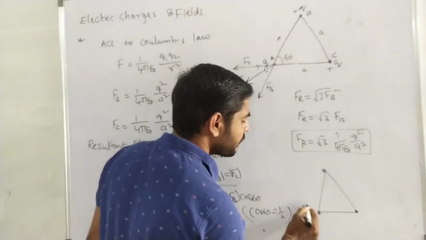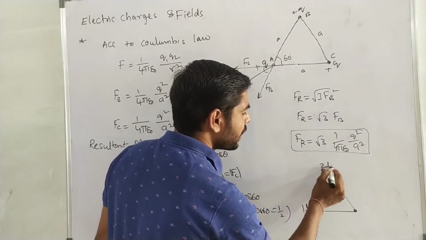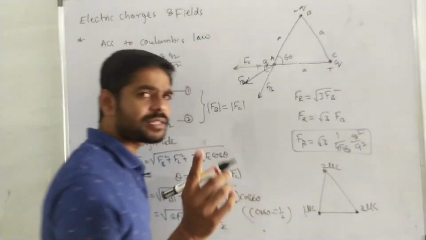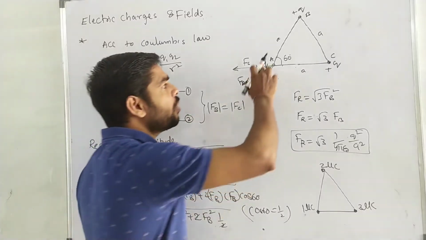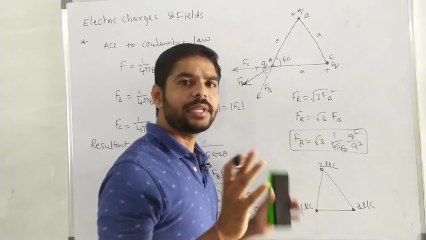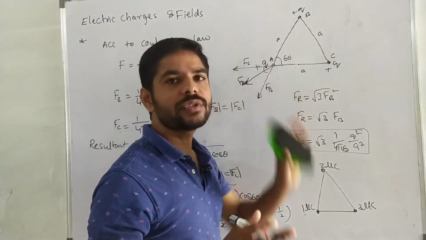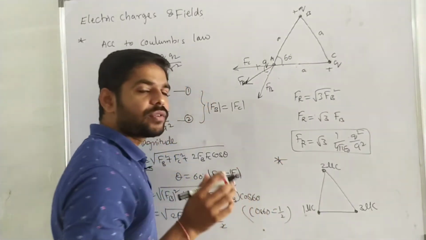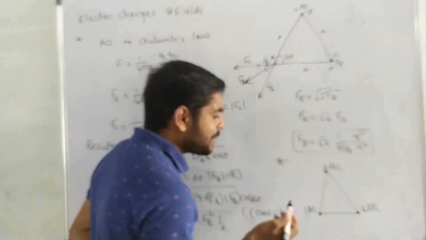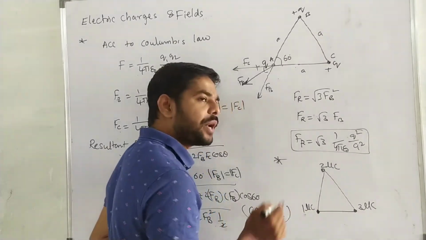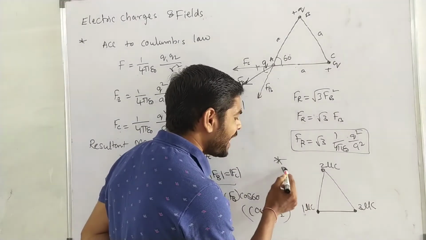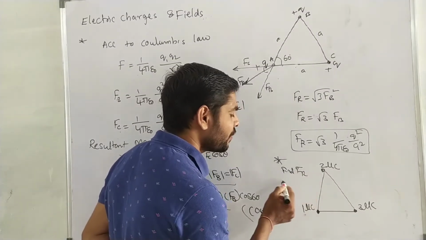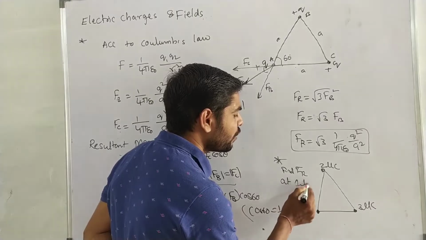Suppose I take 1 microcoulomb and 2 microcoulomb, and this is 3 microcoulomb, and he asks about a particular charge. If this kind of problem is given, he will ask you to find the resultant force Fr at 1 microcoulomb.